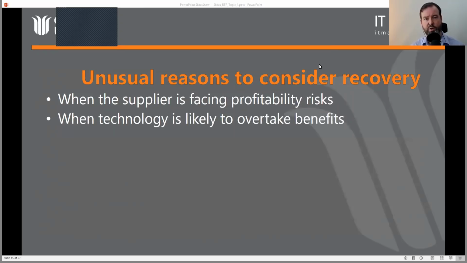Similarly, technological advancements. Big projects take a long time. It can be that technology in other areas, in other ways, overtakes what's being developed as part of a project. And if we ignore that fact, if we just continue barreling on building something that's already out of date by the time it's built, then that may create an existential threat, because that may be a point where we say, well, hang on, if all we're going to get out of this project is this, then the value isn't worth it, the business case isn't worth it.